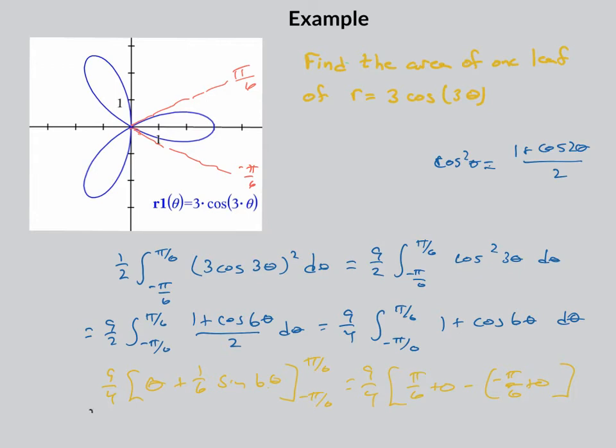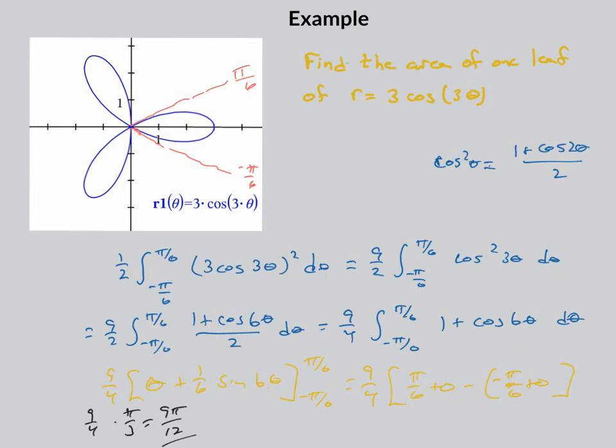So the result is 9 over 4 times pi over 6 minus a negative pi over 6, which is 2 pi over 6, or pi over 3. So I get 9 pi over 12. So the area of one leaf is going to be 9 pi over 12. Now that's one way to do it.